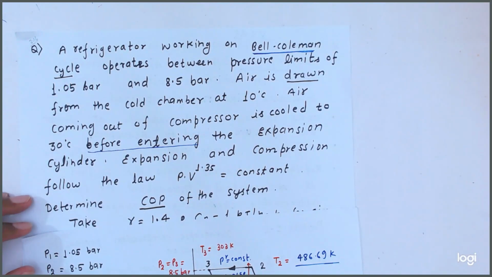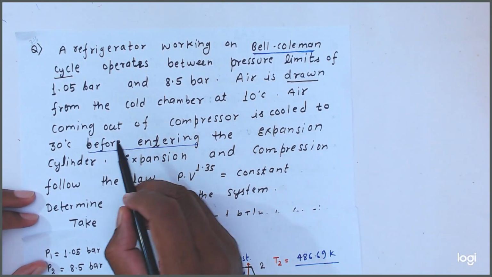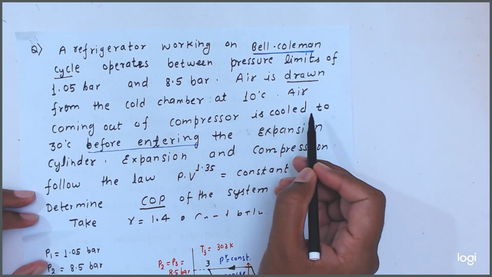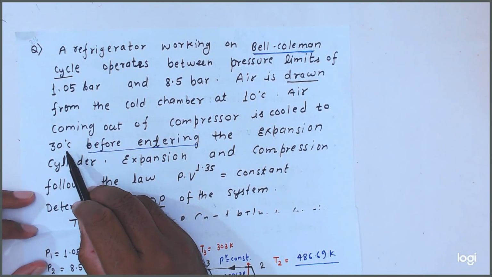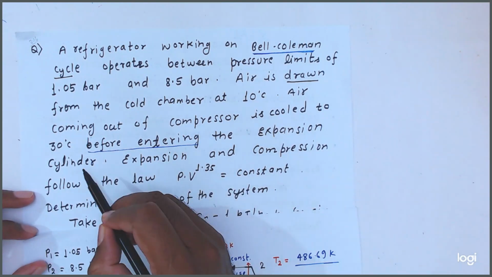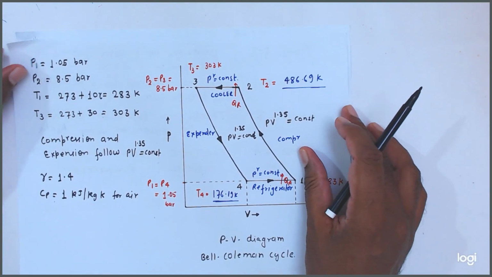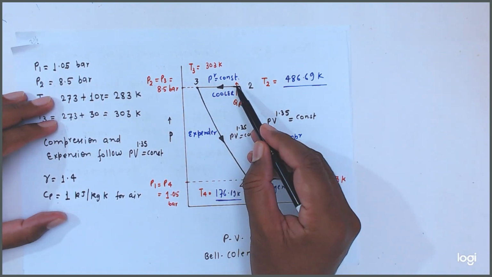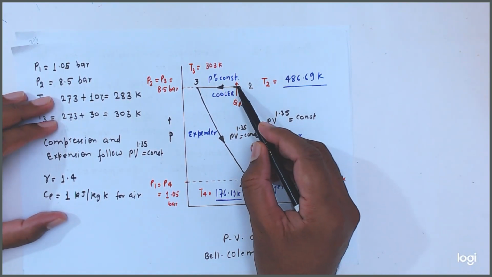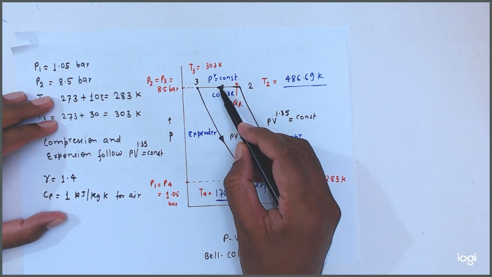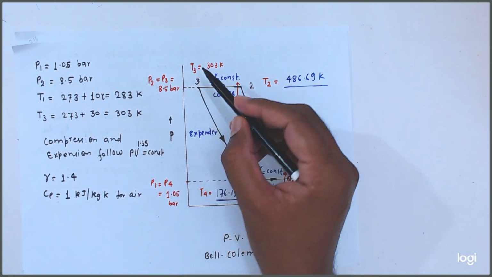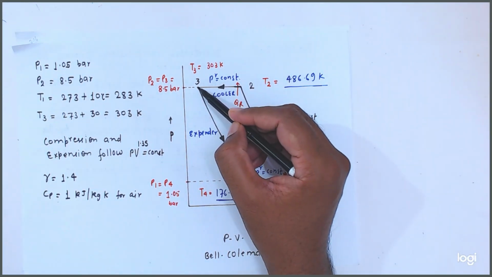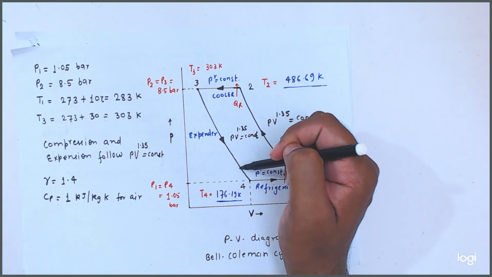Then, air coming out of the compressor is cooled to 30 degrees centigrade before entering the expansion cylinder. So friends, here you see this is the expansion cylinder and this is the cooler after compression. So air is cooled to 30 degrees centigrade before entering the expansion cylinder.